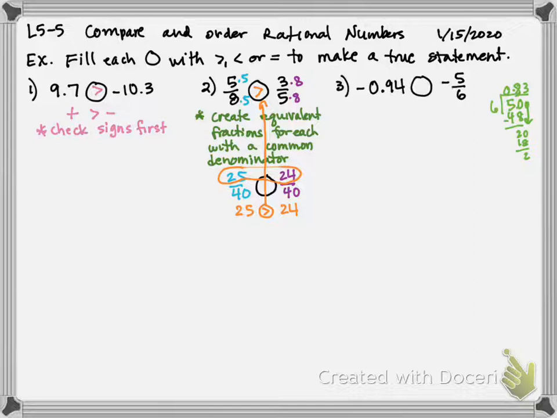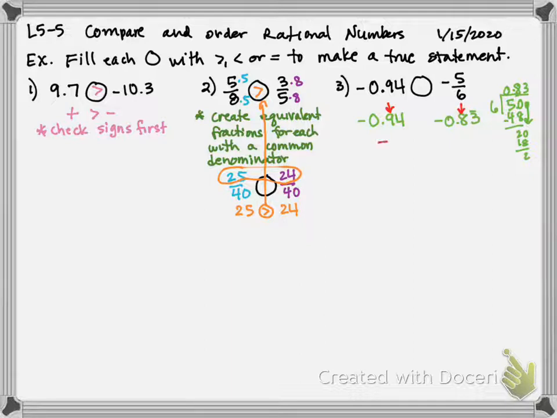So what I have is negative 94/100ths compared to negative 83/100ths with a repeating bar over the 3. So here's where it gets a little tricky. We're both negative, so the larger number actually is farther away from 0. So when we start comparing, we look at place value columns.